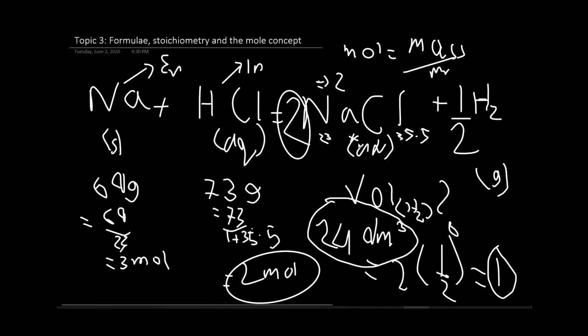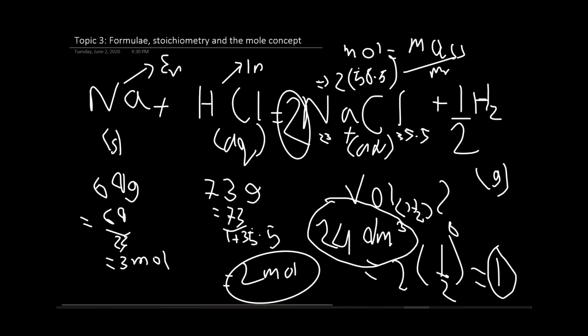Just add the two up and you'll get the MR of sodium chloride. So 23 plus 35.5 is 58.5. So just multiply 58.5 by 2 and you'll get your mass.